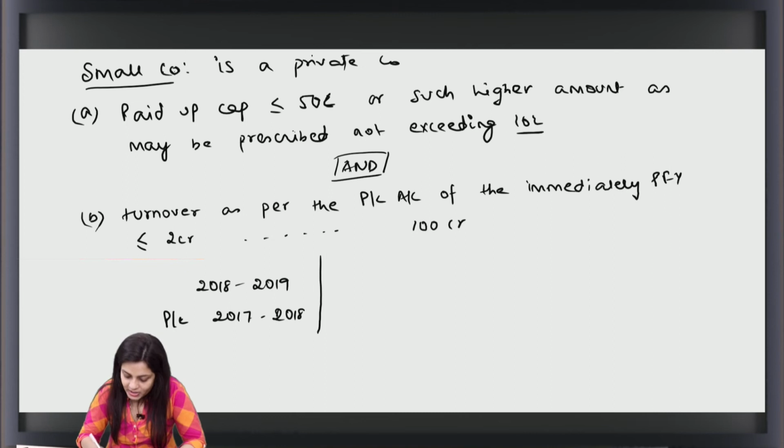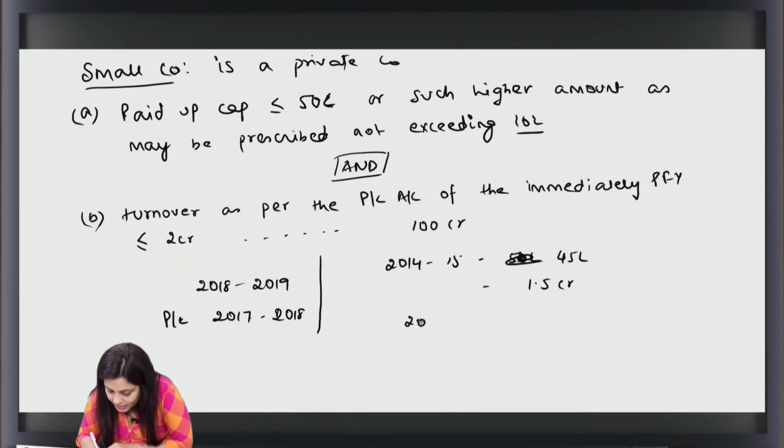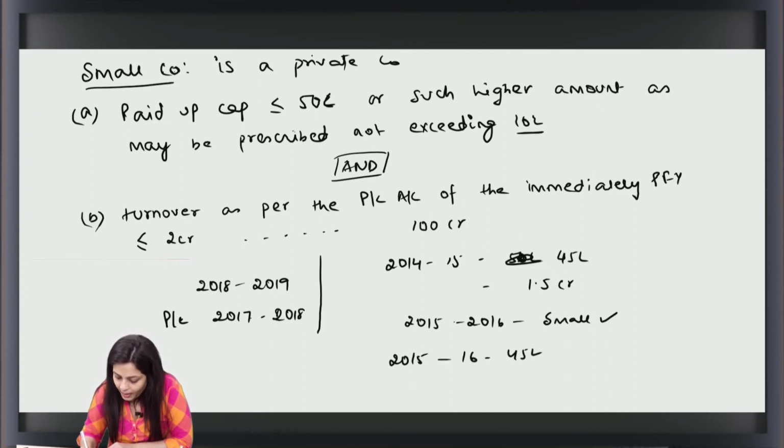So let us say, for example, in 2014-15 the company had a paid up capital of, let us say, 45 lakhs, and it had a turnover of 1.5 crores. So its status will be seen in the next year. So can I say in the year 2015-16 the company is a small company? Yes or no? Yes. Now let us say in the year 2015-16 the paid up capital was still 45 lakhs but the turnover was 2.25 crores.